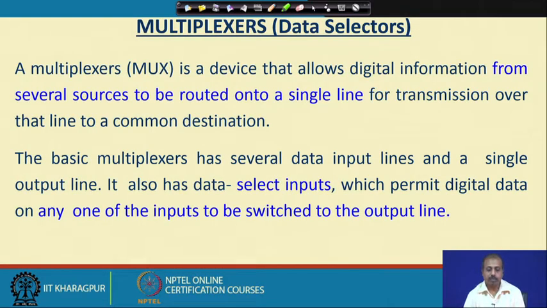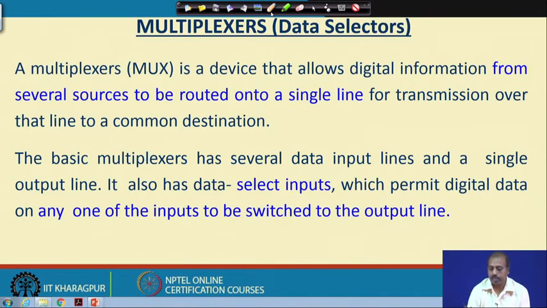The basic multiplexer has several data input lines and a single output line, and it also has data select inputs which permit digital data on any of its inputs to be switched to the output line. Block diagram wise, it will look something like this: we have the multiplexer and some lines.